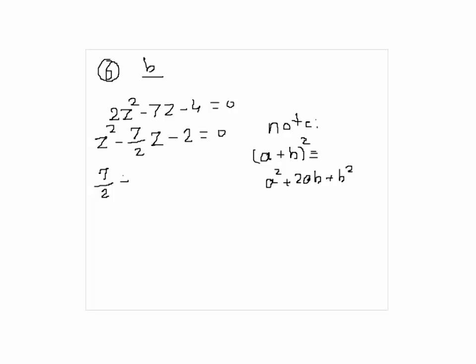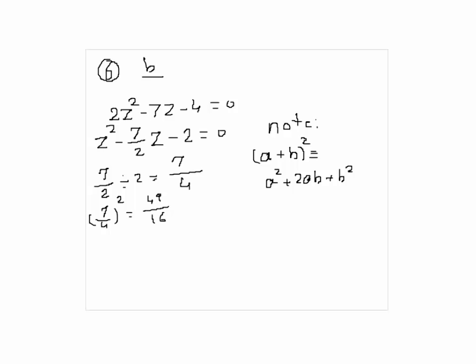So I divide 7 over 2 by 2, and the result is 7 over 4. So 7 over 4 is b. I need b squared, so I find 7 over 4 squared, which is 49 over 16.